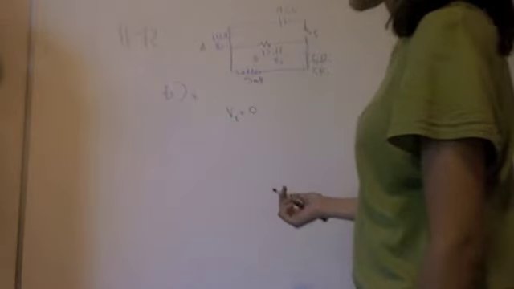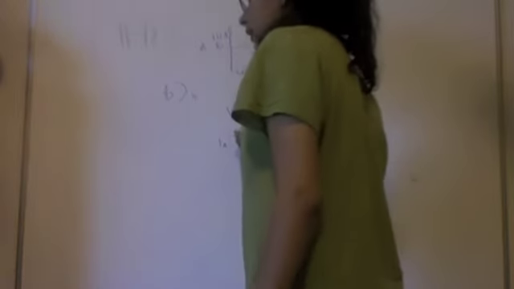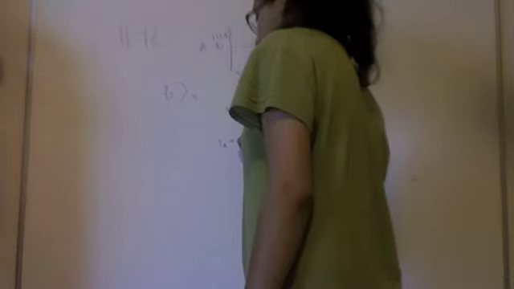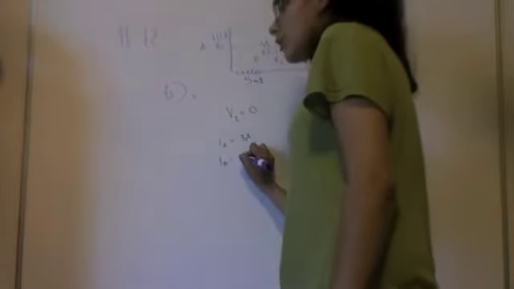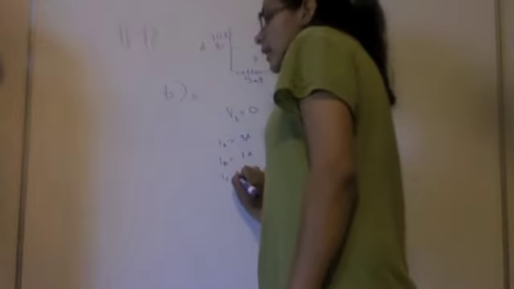So now you have this whole circuit just as it was before. Since the V across the inductor is equal to 0, your currents are basically the same as they were in part A. So IA is equal to 3 amps, IB is equal to 1 amp, and IC is equal to 2 amps.